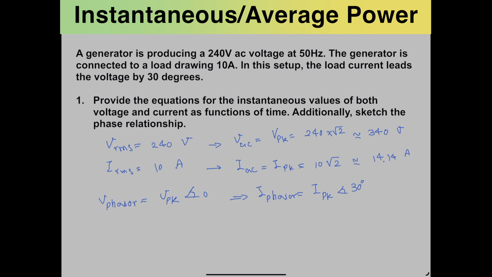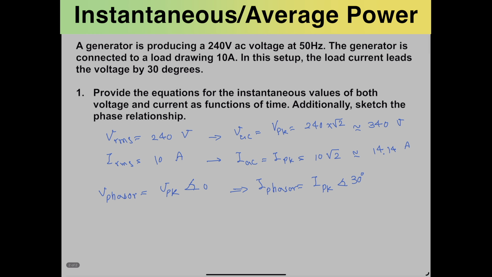So in that sense, we can write the instantaneous forms as follows as well. For the voltage, we know that with respect to time, we have V peak sine omega t. And we know that omega is simply 2 pi f.